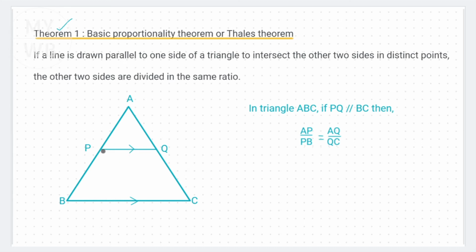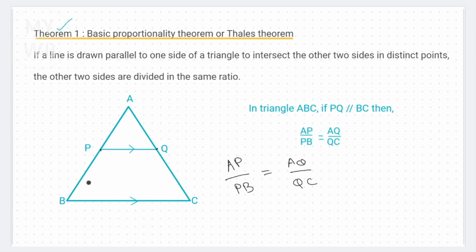So, point P divides AB into two parts, that is AP and PB. So, the ratio of the two parts is AP by PB. Point Q divides AC as AQ and QC. Both are in the same ratio, so we can equate both.